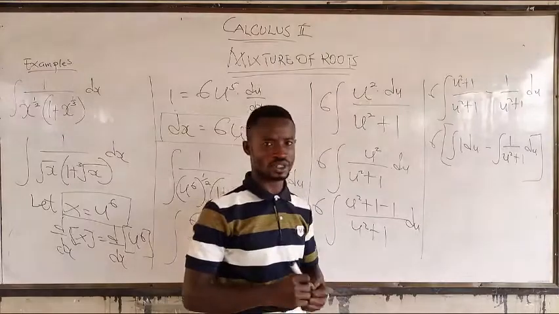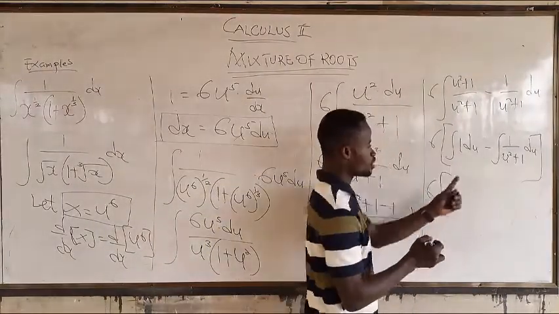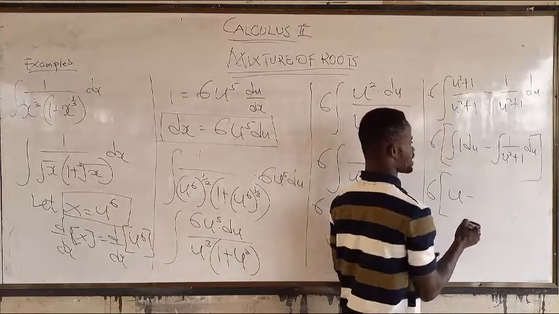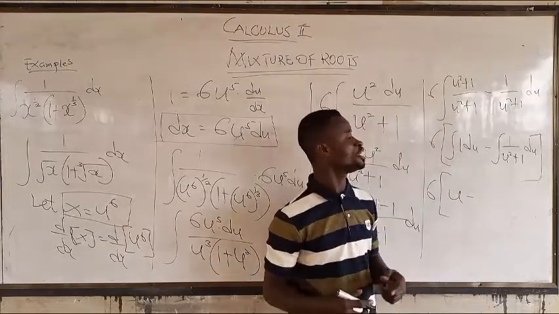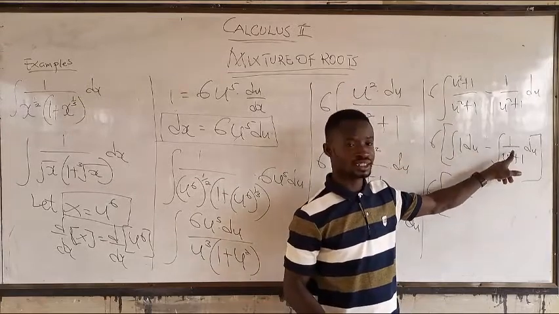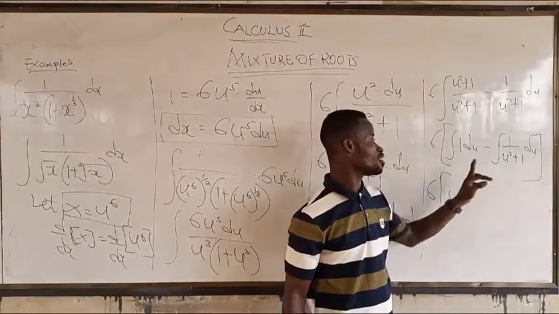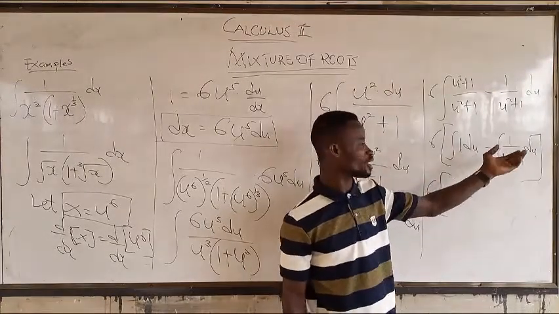Very good. So you can see something here. When you integrate this, you get u minus. But watch. If here was just u plus 1, it would be u plus 1. But here, because of the square, but this is not anything difficult.